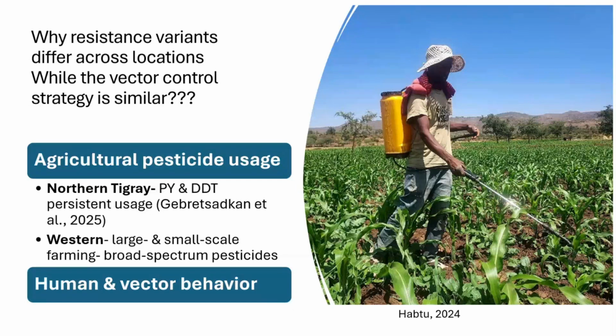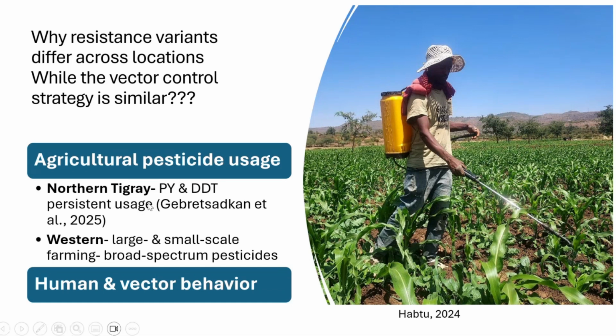One of the cases could be agricultural pesticide usage. If we look at the evidence on agricultural pesticide usage patterns in the northern part of Ethiopia, farmers use pyrethroids and even in some cases DDT, and there was also a persistent history of DDT usage.